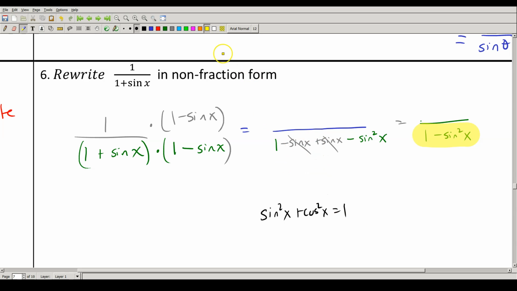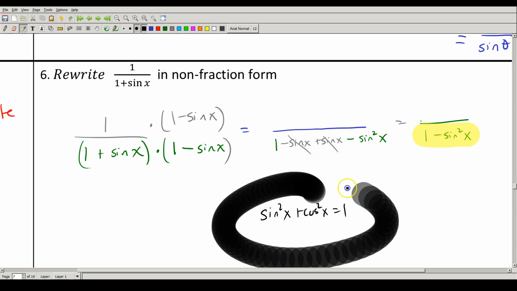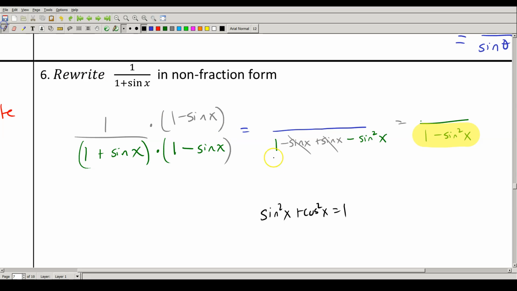We can just subtract a sine squared from both sides, like we showed earlier. And on the right-hand side, we get 1 minus sine squared is equal to cosine squared.